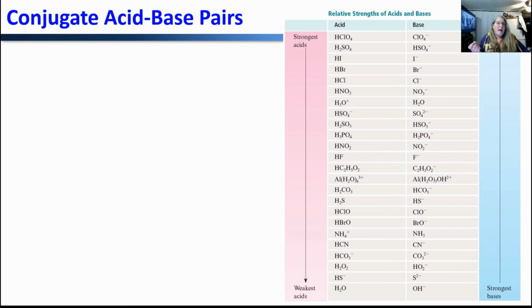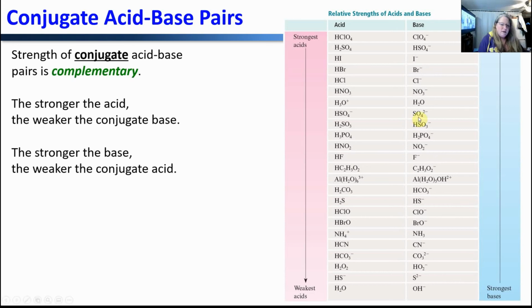So if it dissociates completely, that bond can't be all that strong. And that means on the other side, it's going to form a very strong bond because I'm not going to get much of the wash coming back the opposite direction. And we can see that with our Kcs. And so this handy-dandy table, and it's going to be posted with my notes, will really help to emphasize that for yourself.